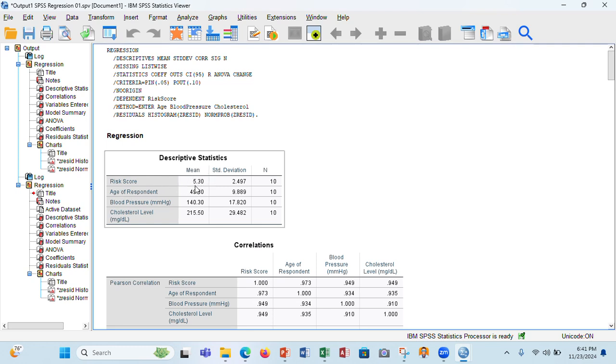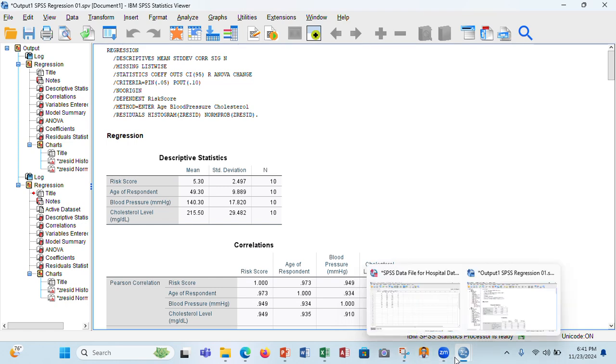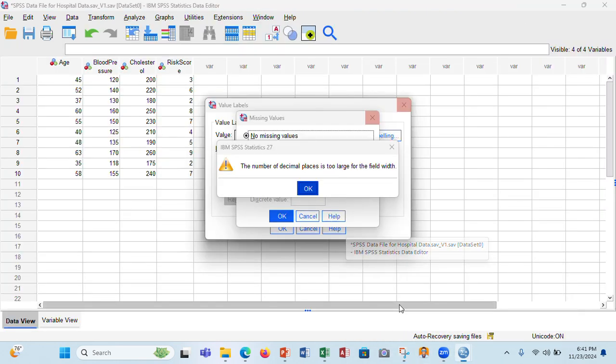The mean means the average. The average score is the total scores divided by the number of respondents, which is 10. So the summation of the scores divided by n gives what we see here as the mean. In ordinary language, the mean means average.